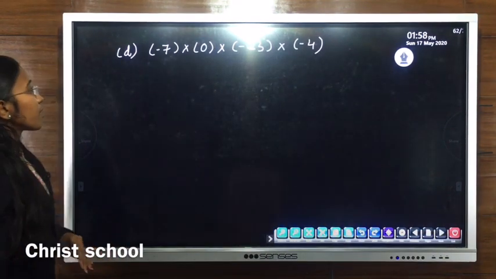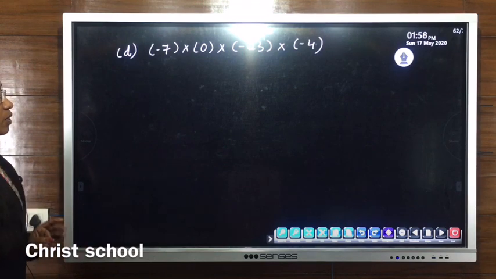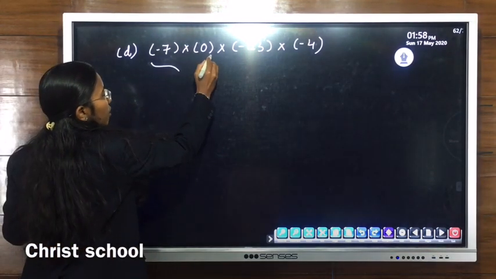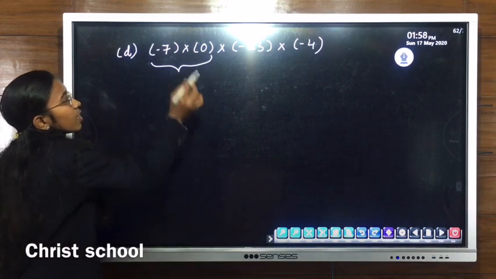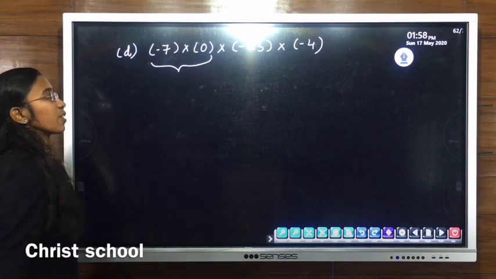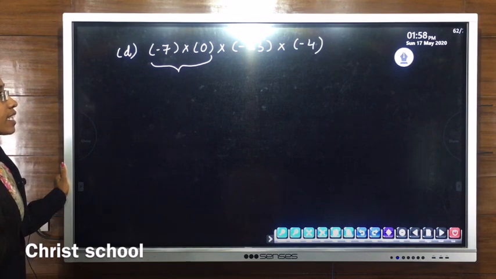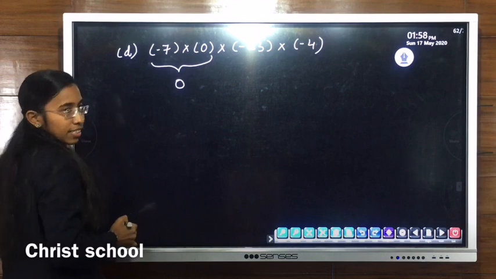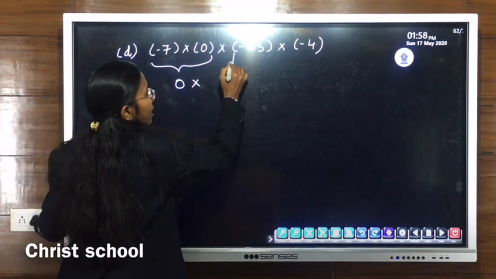And last part, minus 7 into 0 into minus 23 into minus 4. So here first we are multiplying the first two integers. Minus 7 and second is 0. So we know that when we are multiplying any integer with 0, then answer is always 0. So this is 0 into next integer.